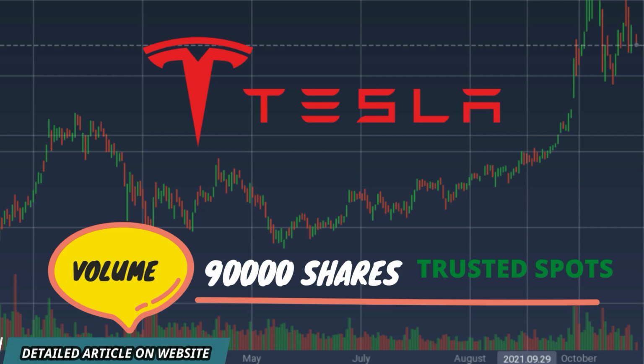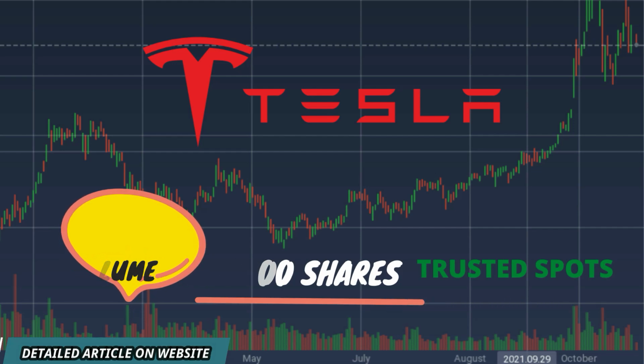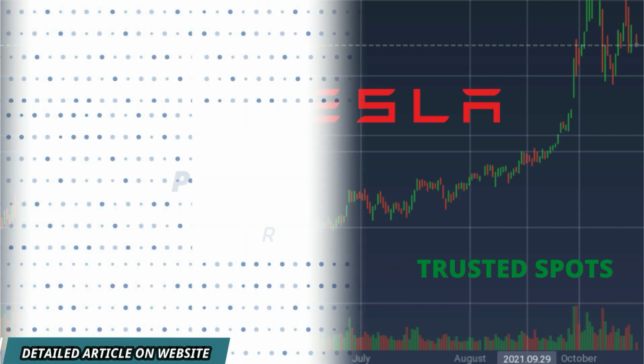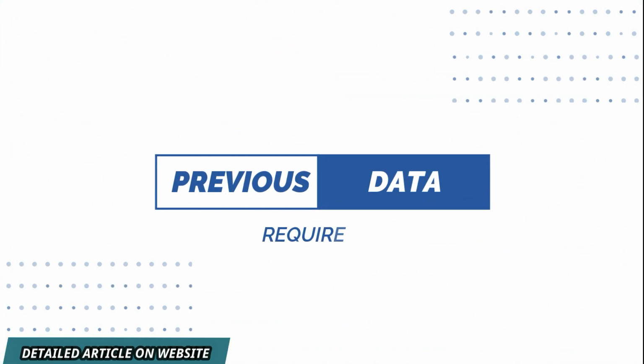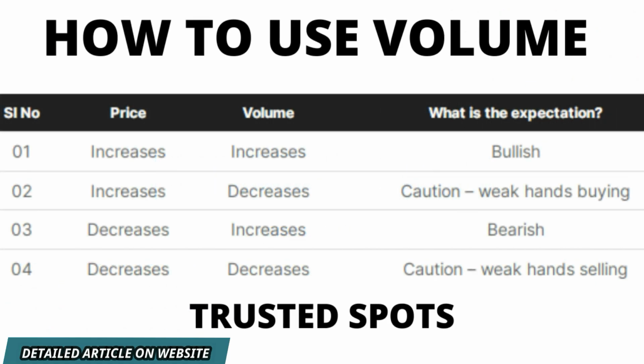Well, it is of no use to us and hence would mean nothing. However, when we associate this volume information with the preceding price and volume trend, then this information becomes meaningful to us.